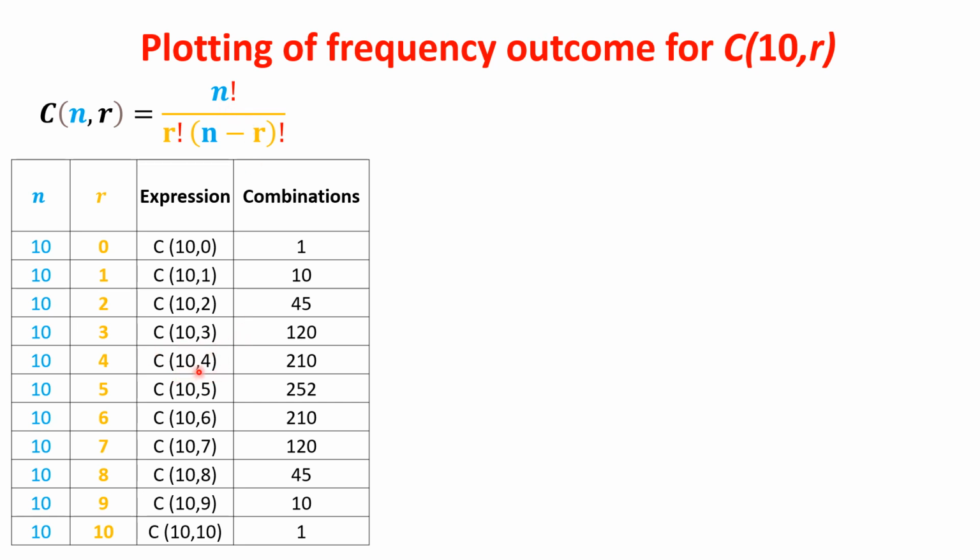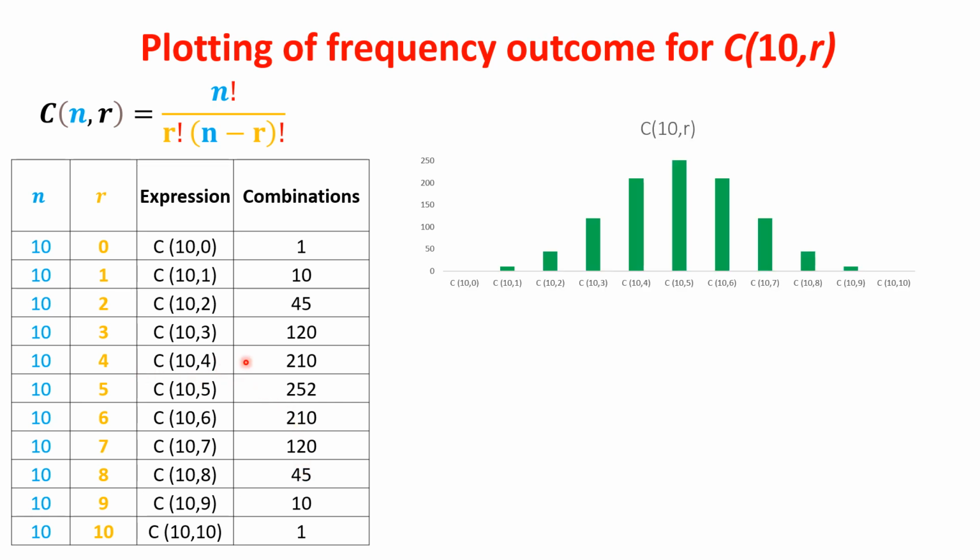Combination for 10 comma 4, that will be 210. So 45 we have seen. So here combination from 0 to 10, I have calculated by this formula and I have got this value. These are the combination which can be made for this particular thing. So even I can draw the bar chart for this combination. Even line chart can be drawn for this combination.